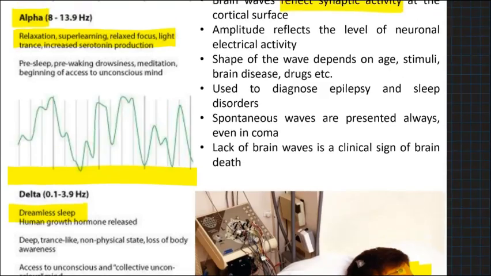Well, it turns out that the waves differ if the person is taking some kind of specific drugs or if they have some kind of brain disorder, for example, epilepsy, or a variety of parasomnias.